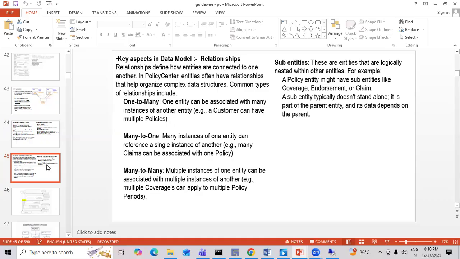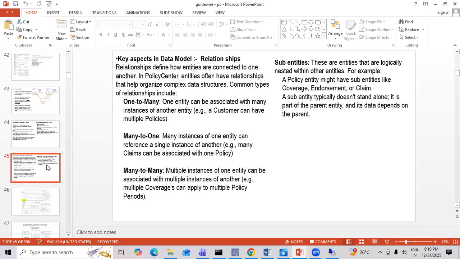That person can have multiple policies, even personal auto, and a homeowner insurance. This we call one to many. Based upon the account number that is created, there can be multiple policies for a particular person.